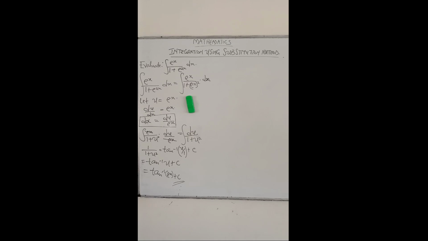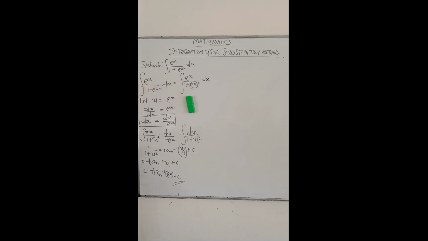So please, whenever you see a question based on the substitution method, the first thing you are going to do is go back to the rules of integration. You are going to look for which one is almost the same as this.